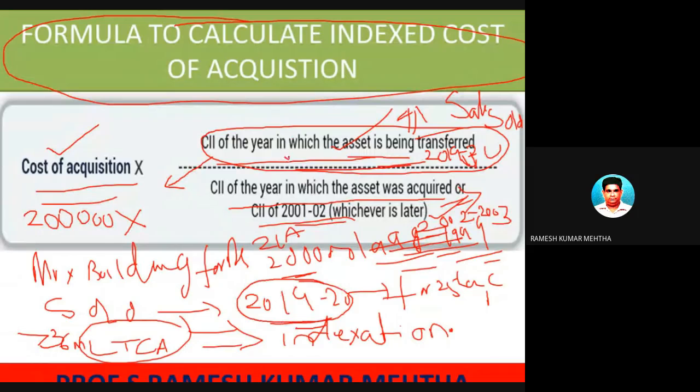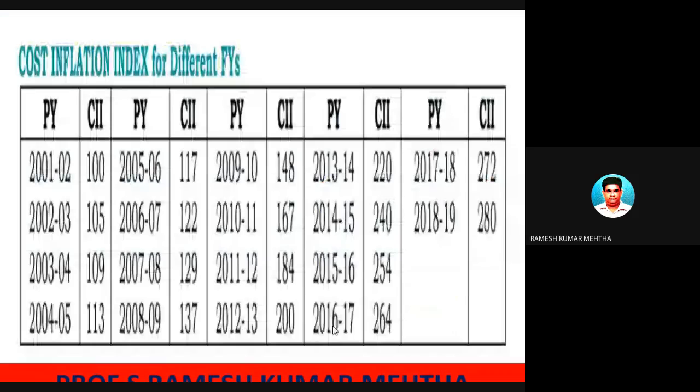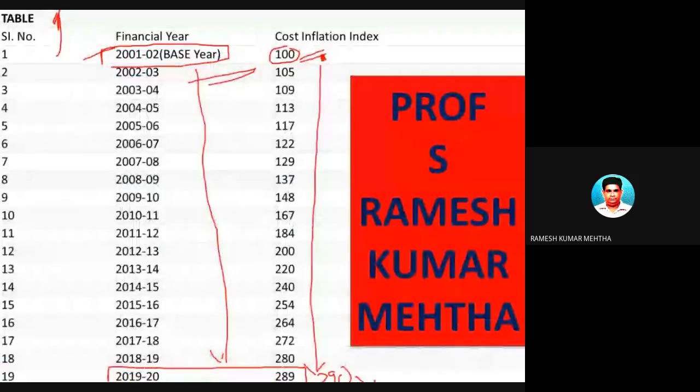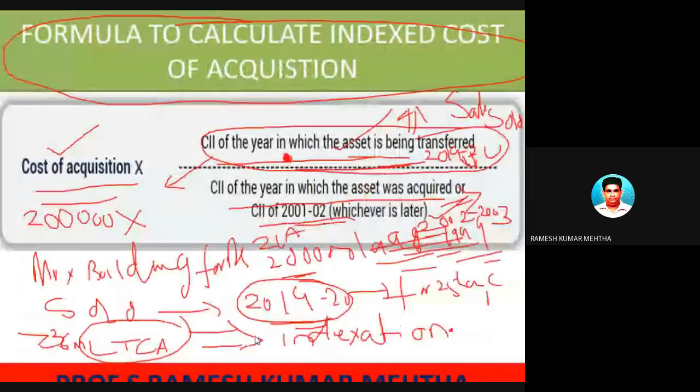तो उस ईयर का इन्फ्लेशन इंडेक्स कितना है? तो 2019-2020 का इन्फ्लेशन इंडेक्स है, I am just showing you, it is 289. So 289 इधर डाल दो.